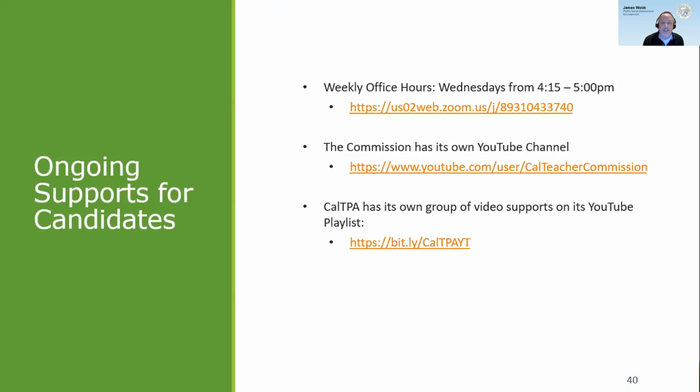And this is an excellent time for you to come in and have dedicated time with those of us who work with the CalTPA to answer your questions. In some cases, it might be helpful for your mentor to come along with you so that you can have that extra support and that maybe you can hear the information together. And yes, we will put the Zoom link in the chat.